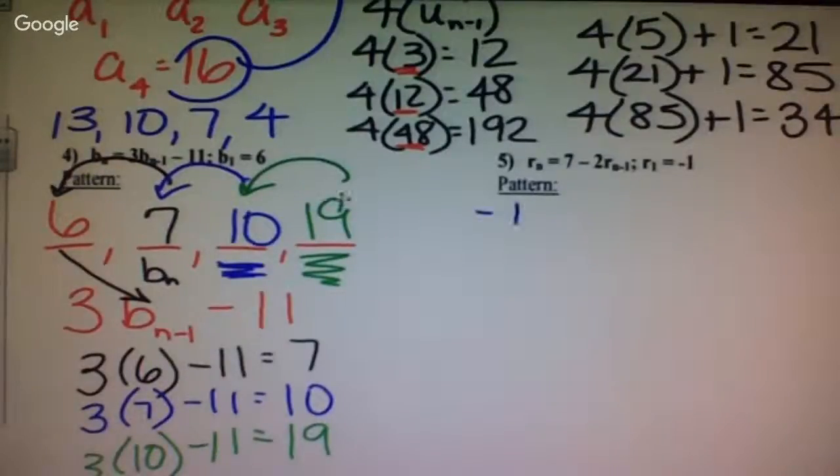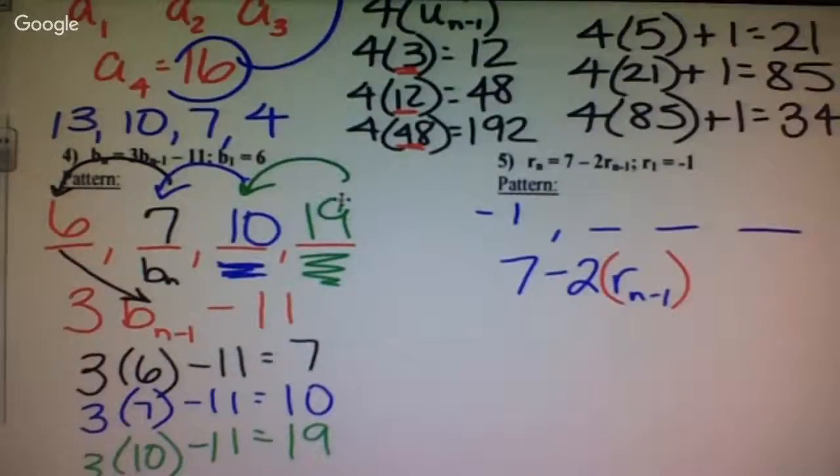So this one, my equation starts at -1. I need the next 3 terms using 7 minus 2 times r sub n minus 1. Put parentheses around the r sub n minus 1, and that's where your numbers plug in.